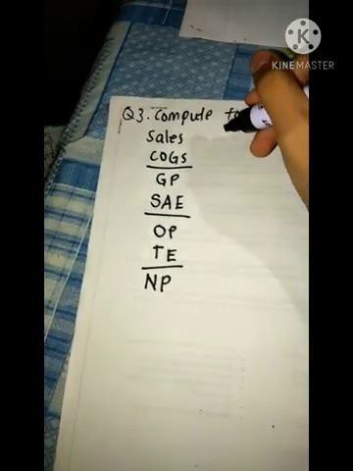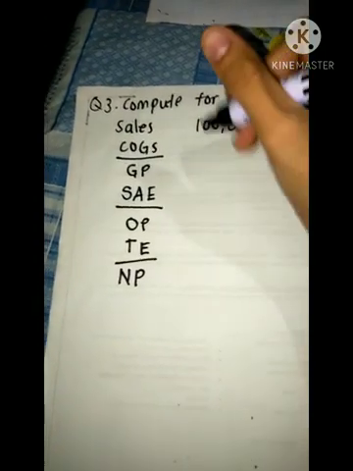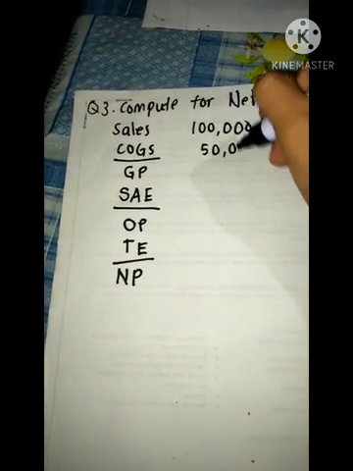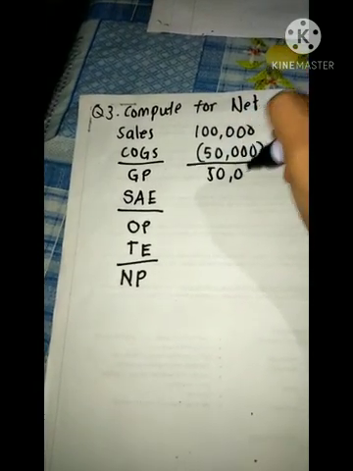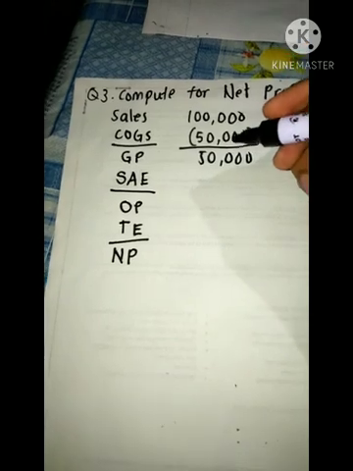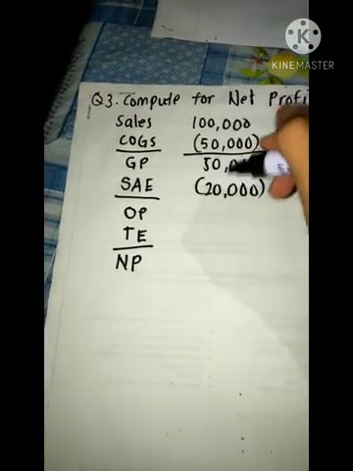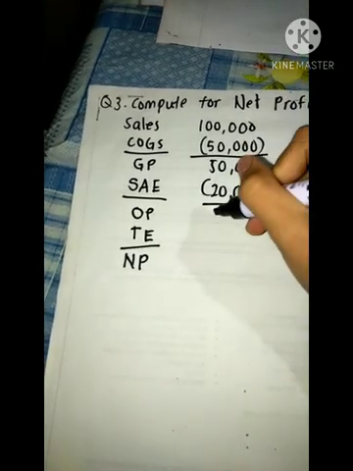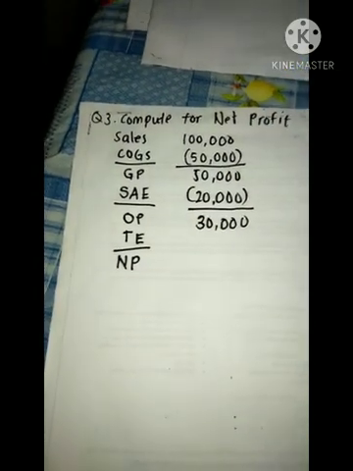Okay, so your sales is 100,000. Your cost of goods sold is 50,000. Less mo yan, you will arrive at 50,000. Your salaries and administrative expenses is 20,000. So, 50,000 less 20,000 is 30,000 operating profit.